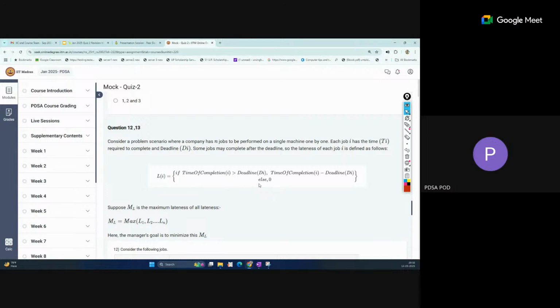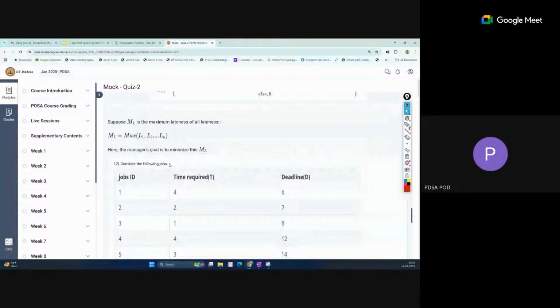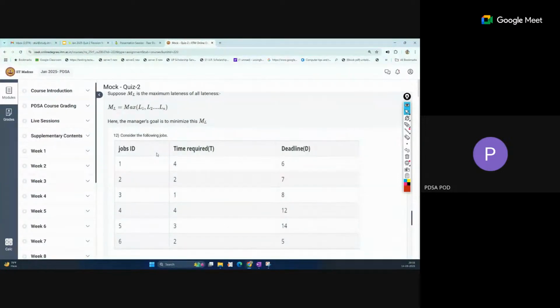If our completion time is before the deadline, we consider the lateness zero. But if it is after the deadline, we subtract the deadline from the time of completion. So this is the lateness, and we are finding the maximum of all the activity lateness values, and that should be the minimum, because the manager's goal is to minimize this. This is the problem which is already covered in the lecture.